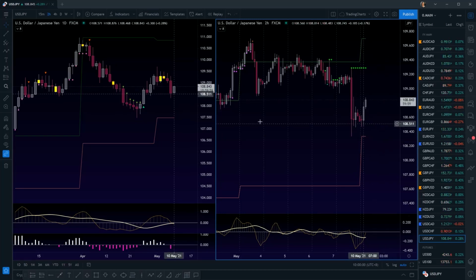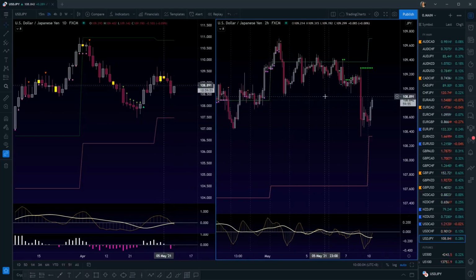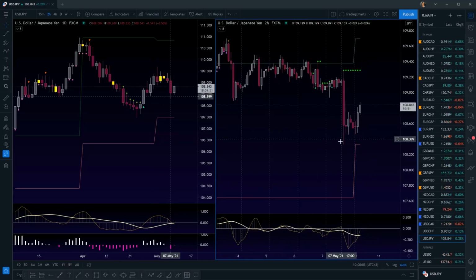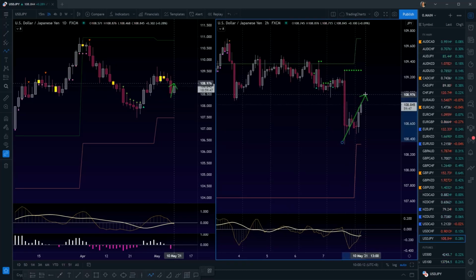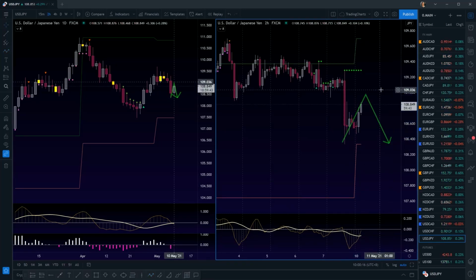And look, US dollar yen, this looks interesting in the sense that it has this impulse, so you're looking for a pullback and then maybe a back down here, but this is still moving, still going up.